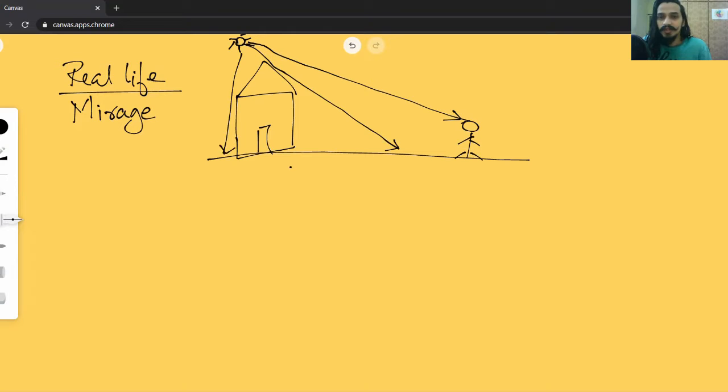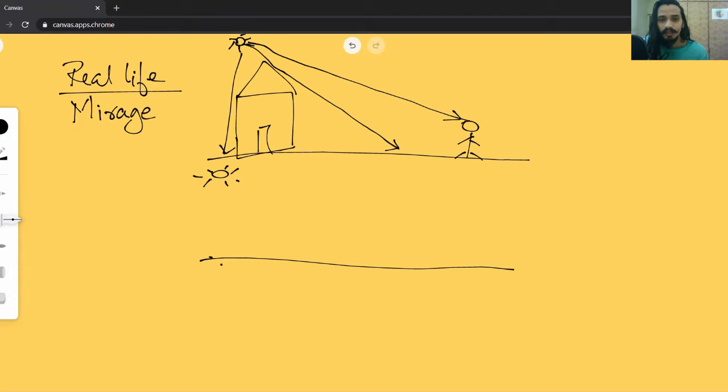But what happens in a mirage is you'll not be able to see things very clearly. The reason for that is the heat. Assume you're on the same road and the sun is shining bright. When it is hot, what happens to things? They get heated up. The air also becomes hot.